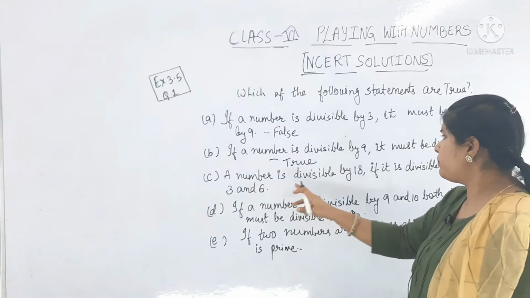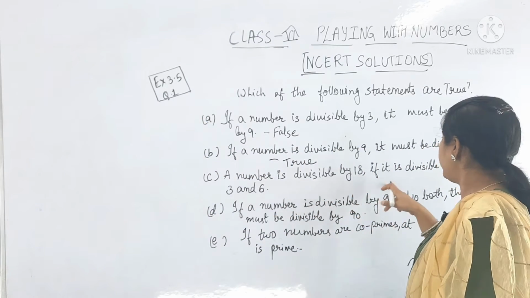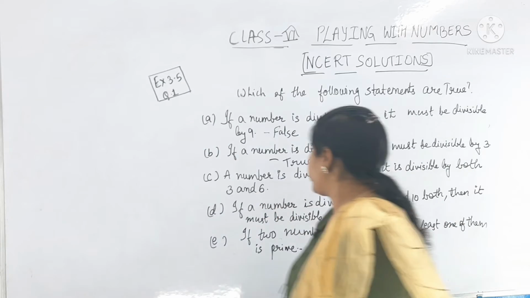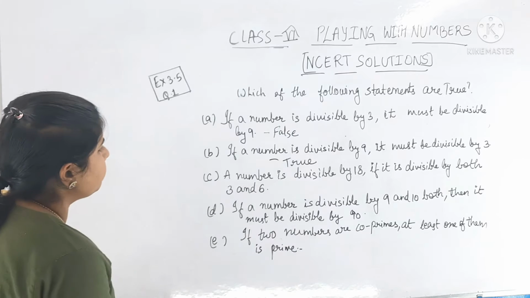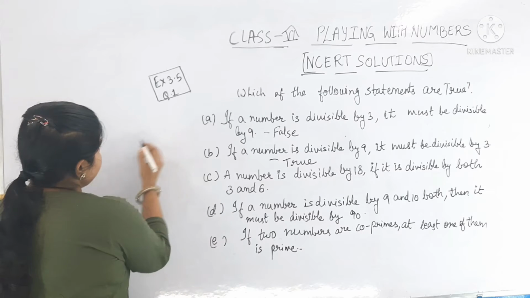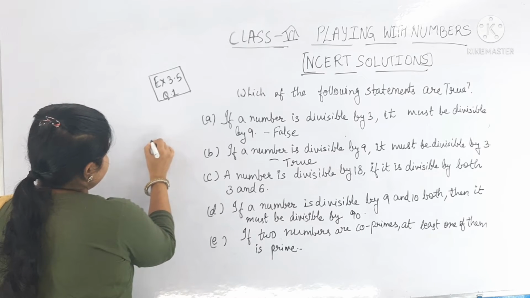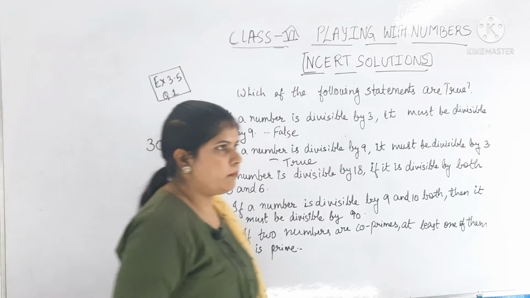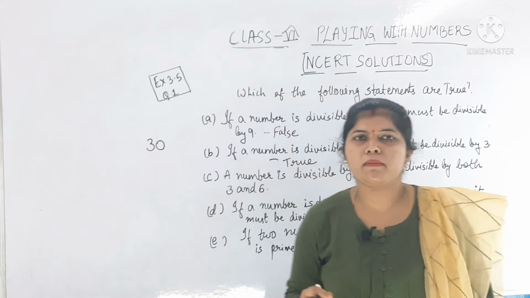Part C: a number is divisible by 18 if it is divisible by both 3 and 6. Let's see here, if I take 30 as a number, it is divisible by 3.